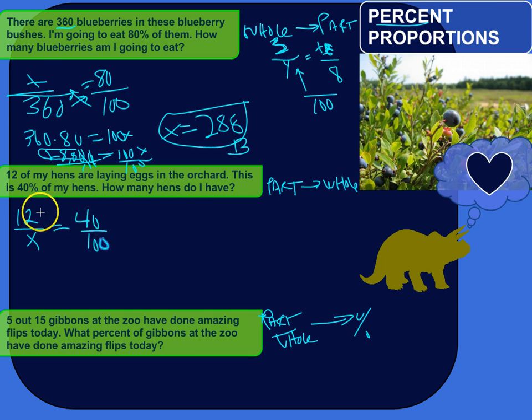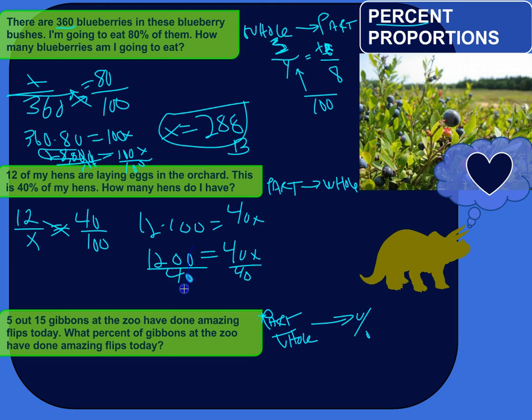Let's cross multiply. 12 times 100 is equal to 40 times x. 12 times 100 is 1200. Now to solve for x, it's being multiplied by 40, so I just divide by 40.